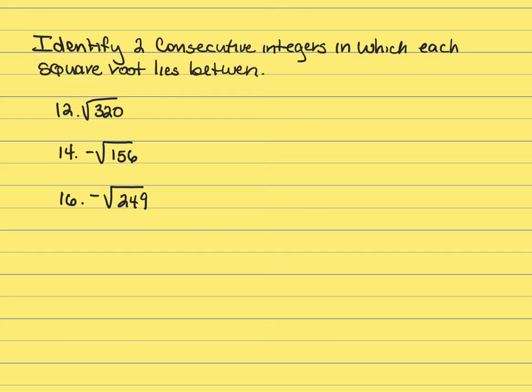For the next section, it says, identify 2 consecutive integers in which each square root lies between. So again, we're going to want to start out by making our chart. You should have this on your paper already for the most part. If you don't, let's see who can get done the fastest.